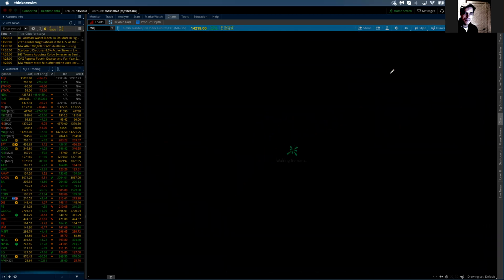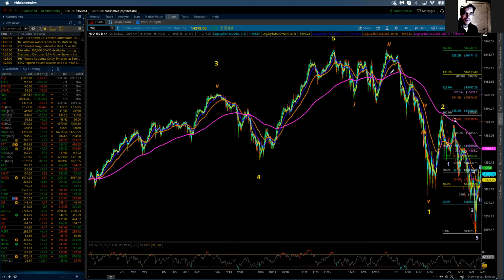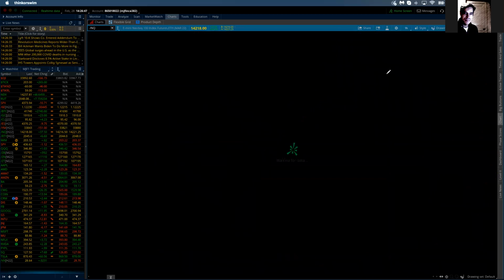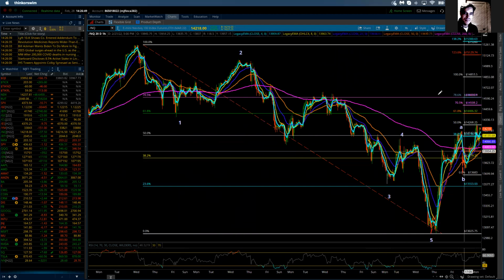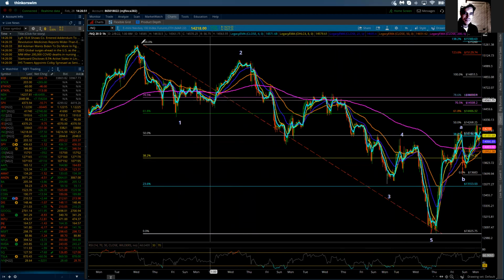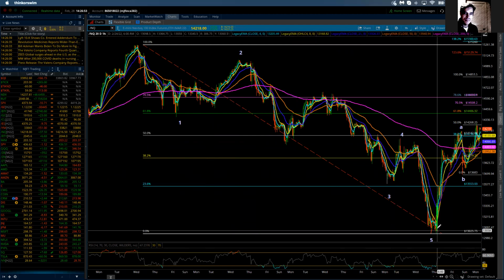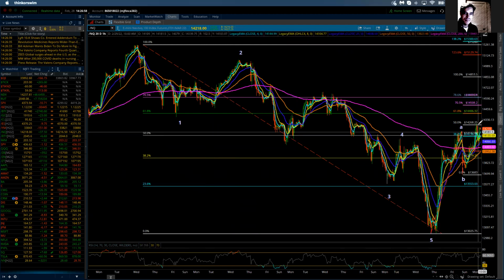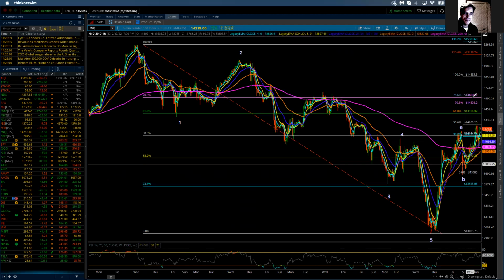Because what I had done is I removed our Fibonacci for the downside, so as not to conflict and have too many resistance and support lines. This is again retracements for the way up in the wave 2. These are the extensions for the C wave.